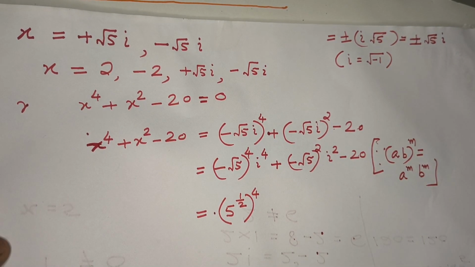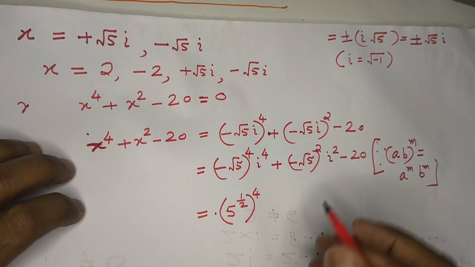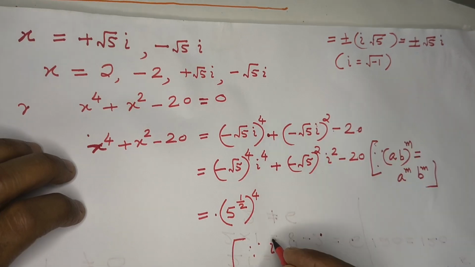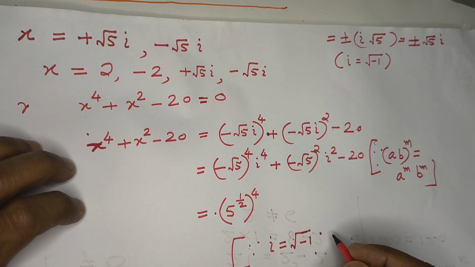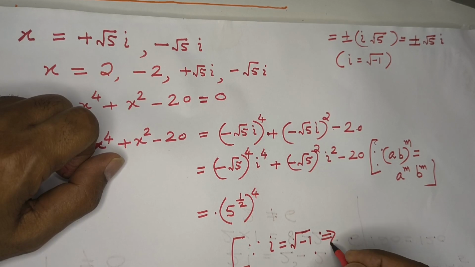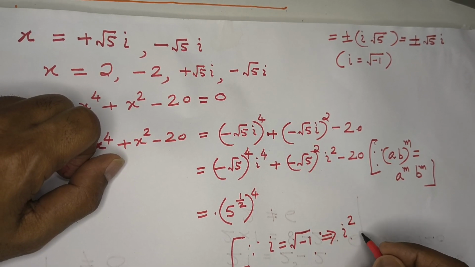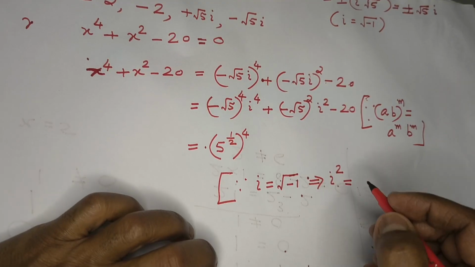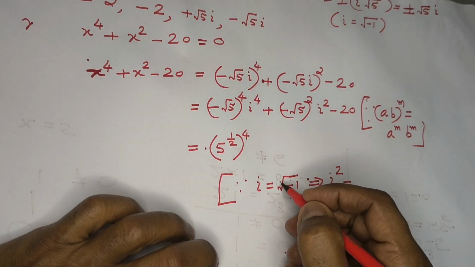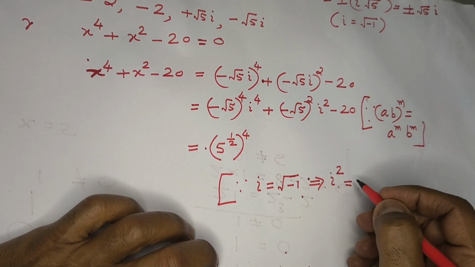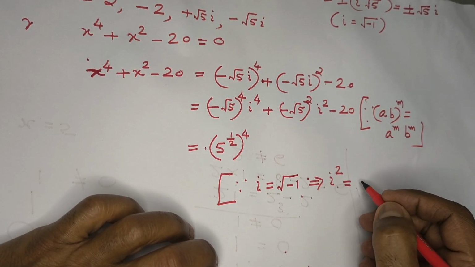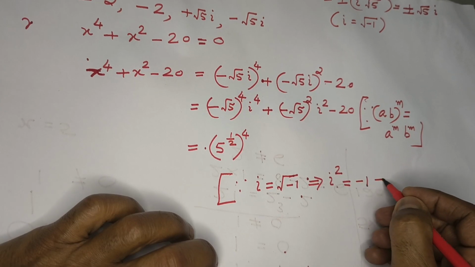So what is I power 4? We already know that I is equal to square root of minus 1. So this implies I square equal to, the root sign, you're just squaring both sides, so this root sign will go, minus 1.